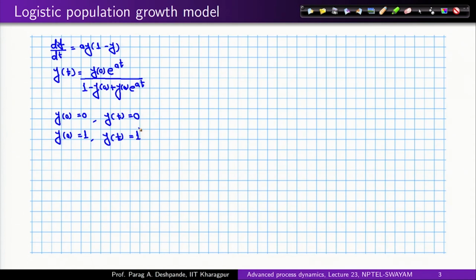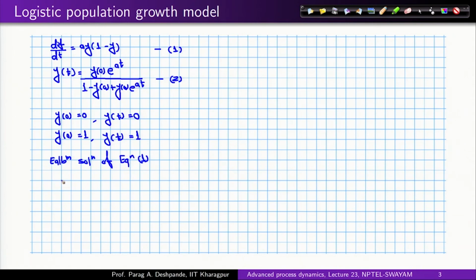So, let me try to determine the equilibrium solutions of the system. What would be the equilibrium solution of equation 1?